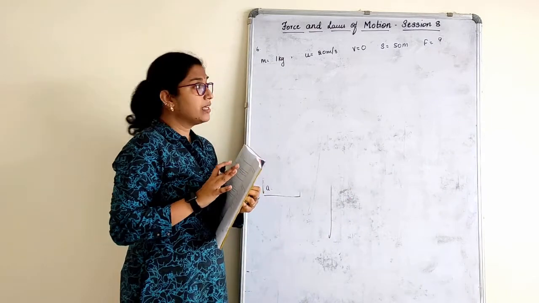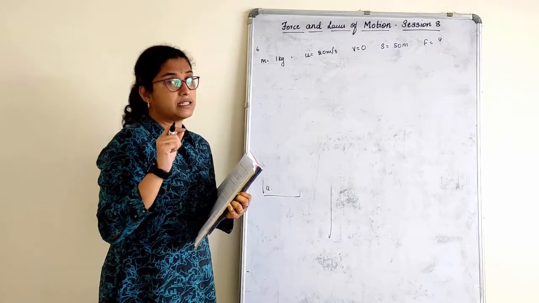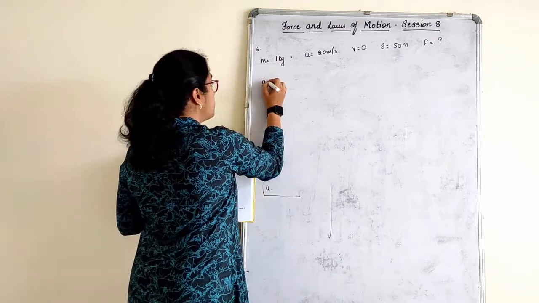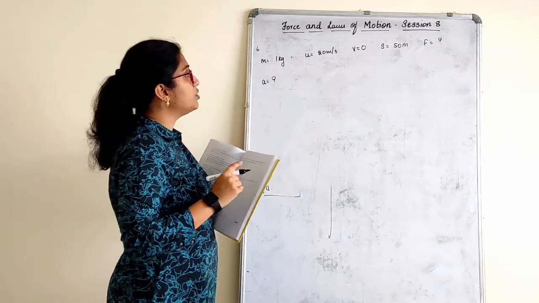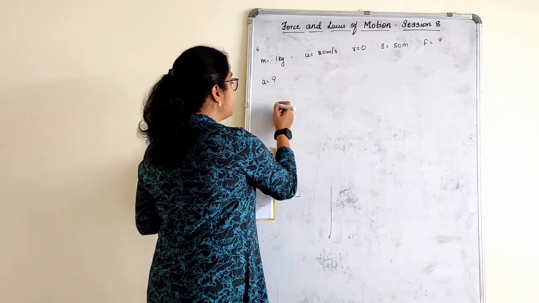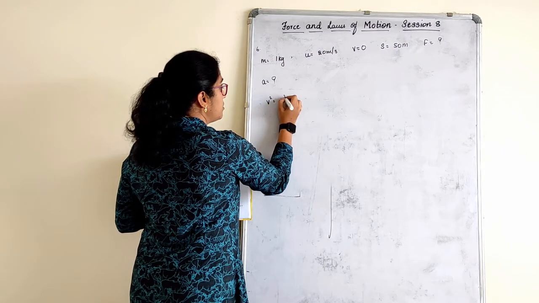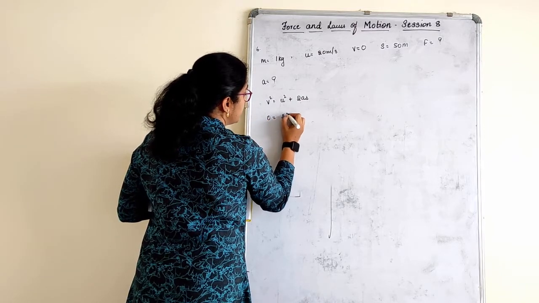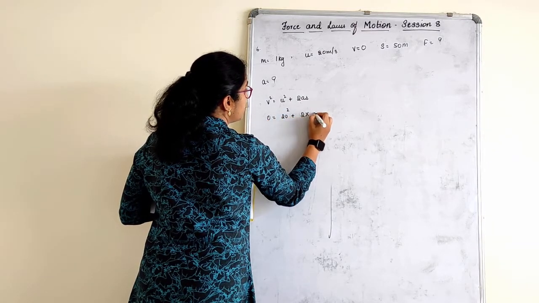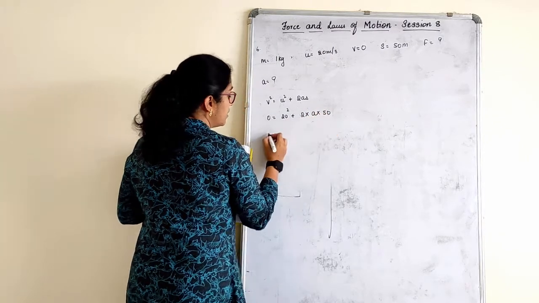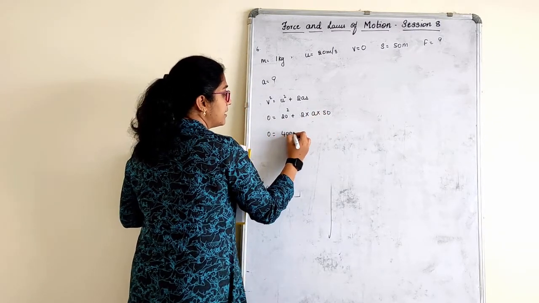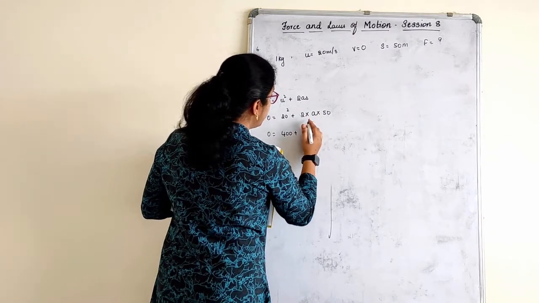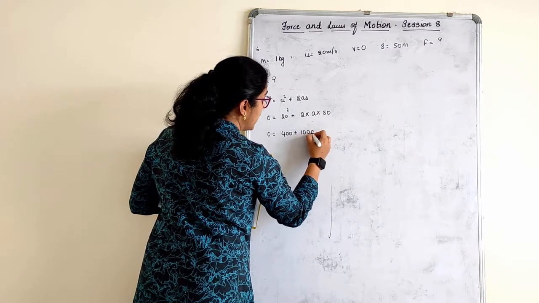Now it's the same sum. To find the force, what is the force formula? Mass into acceleration. To find the force, I want acceleration. That means a also has a question mark here. To find acceleration, I only know u, v and s. Which formula will come? v square is equal to u square plus 2as. 0 is equal to 20 square plus 2 into a into 50. 0 is equal to 400 plus 100a.